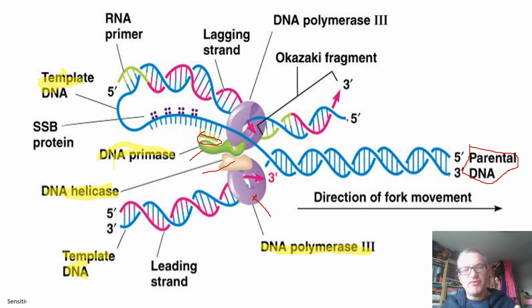Now the two different template strands from the original DNA, the two different ones, where are we? The two different ones have slightly different things happen on them, and that's because of the direction of the template strand. So on the 3' to 5' strand, you can see perhaps from the diagram that the new material shown in purple is all one continuous line.